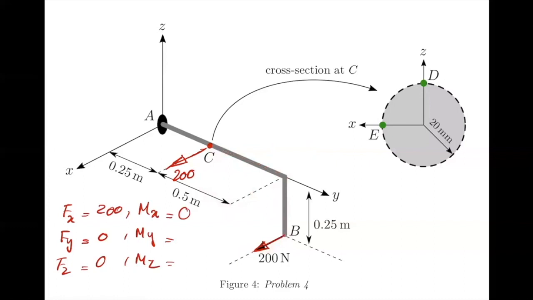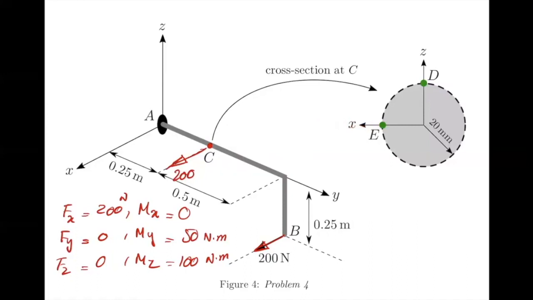So your My would be 50 Newton meters and Mz would be 100 Newton meters. Okay, so now you have everything you wanted. On this cross section, you know the force in x direction, the moment in y direction, and the moment in z direction.